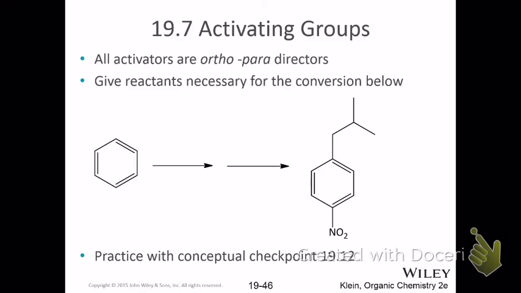Which group was put on last? The NO2. The nitro group was put on last because they have ortho-para orientation. All right, so it's para in this case. But because it looks para, that means the ortho-para-directing group was there first.